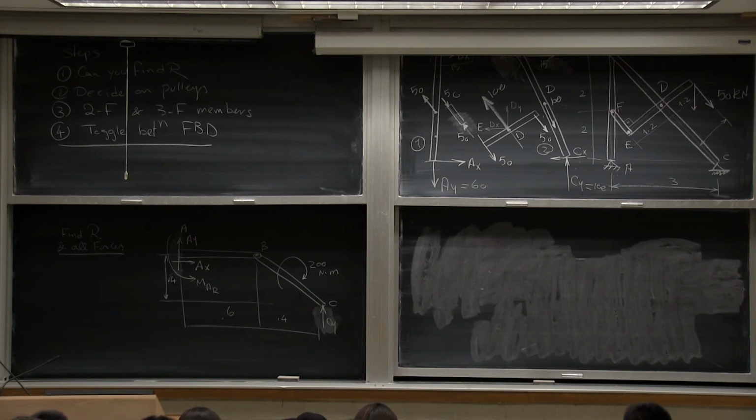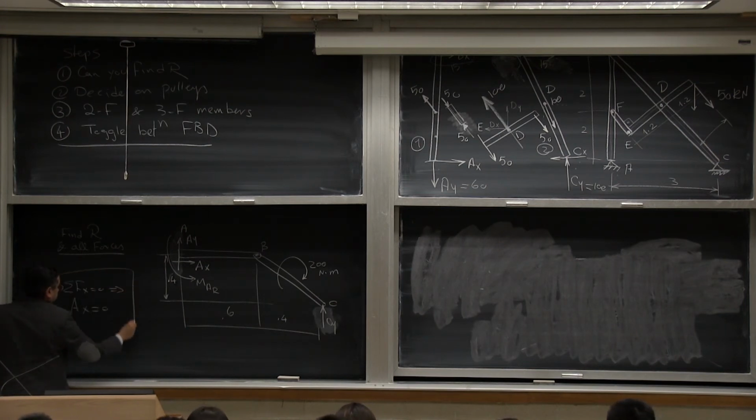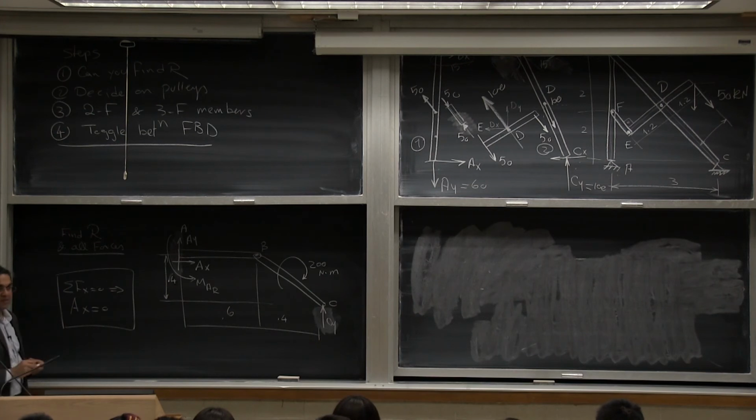Any of them is findable? AX is findable. Yes. Sigma FX equals 0. That means AX equals 0. And that's about all that I can find in this free body diagram, because everything else is not that easy to find.